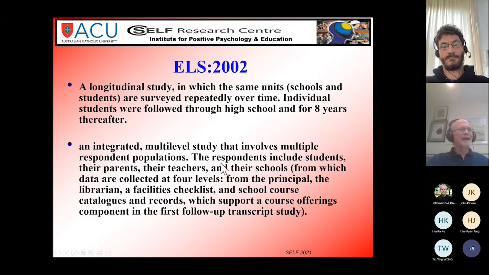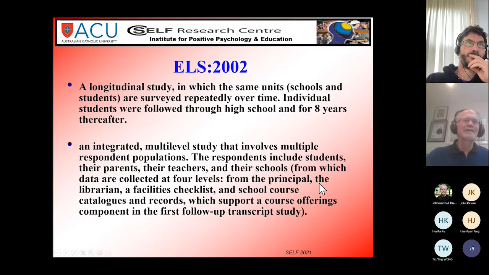So for these kinds of longitudinal studies, it's also got lots of input. So there's input, the principals fill things out, 2 teachers fill things out, parents fill things out, and good response rates from all these multiple respondents. So there's some really interesting kinds of things that can be done with that as well.